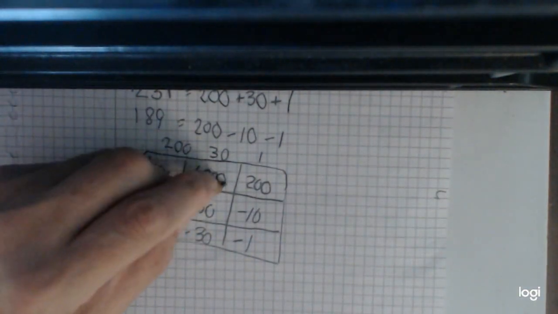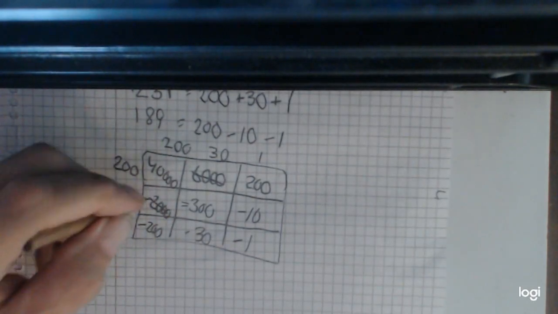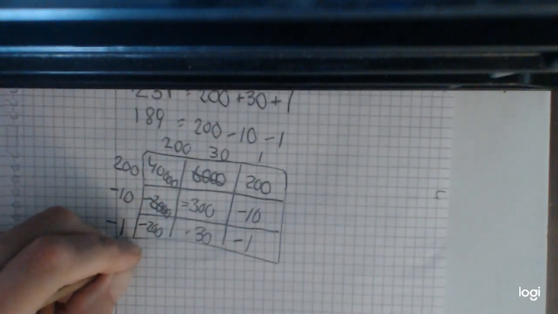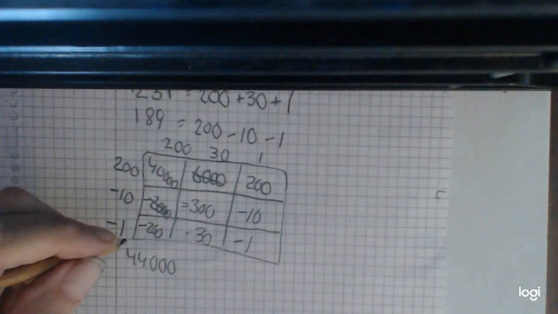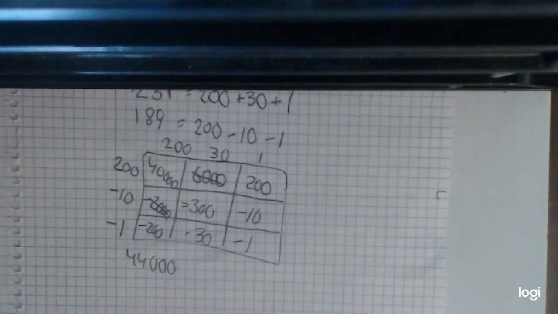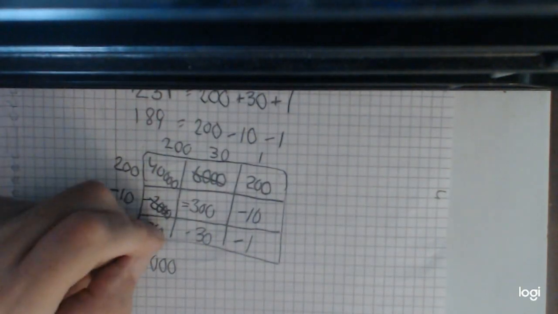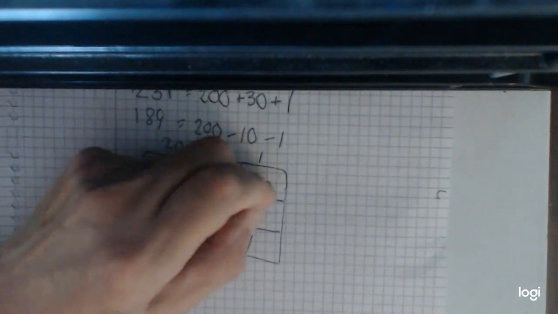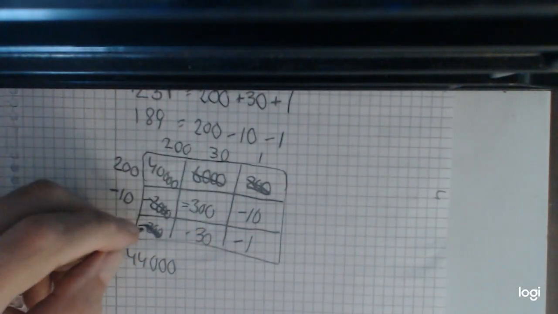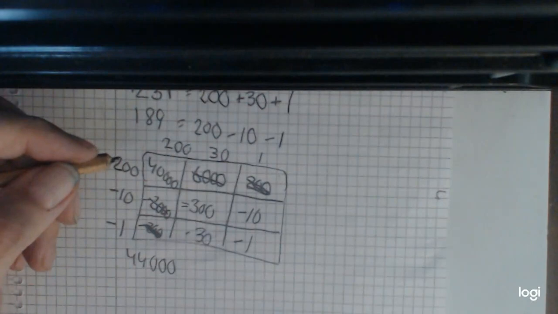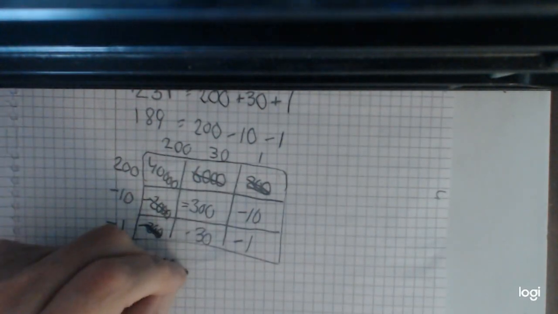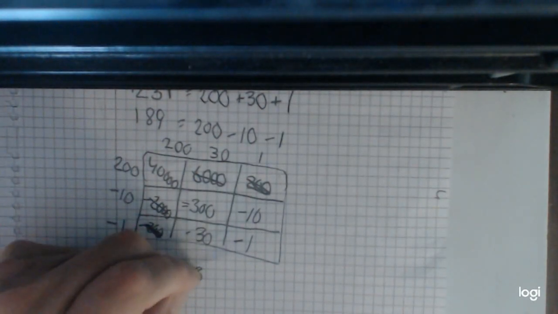Here you have 6,000, 4,000. It's 44,000. And those cancel out. You have minus 300 equals minus 300.